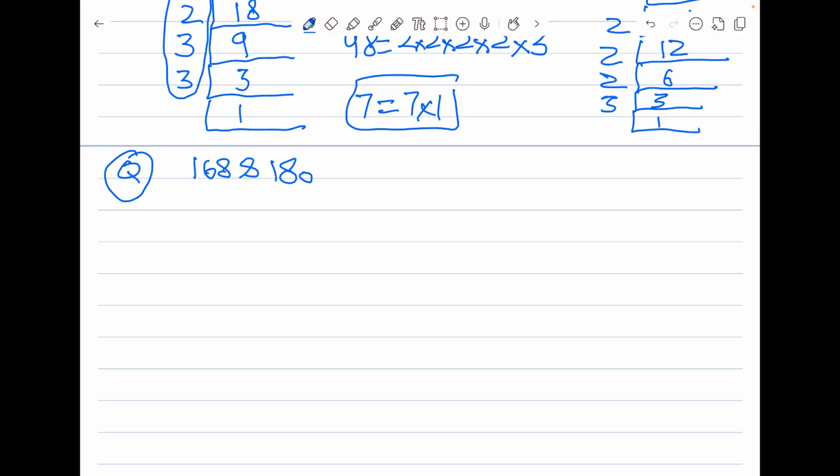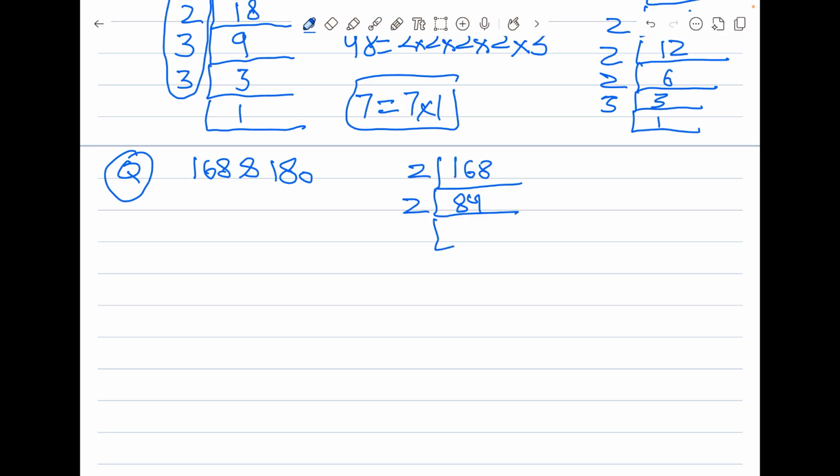A much more convenient way is to first express 168 and 180 as a product of prime factors, right? So you have to write out the prime factorization of 168 and 180 first. And that's pretty straightforward. Let's use the division method for 168. So divided by 2, we have 84.